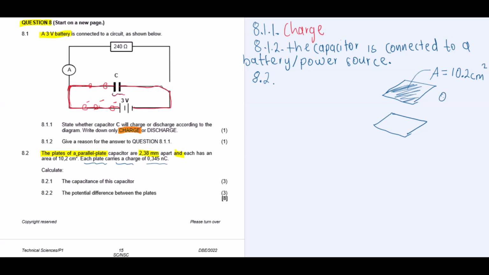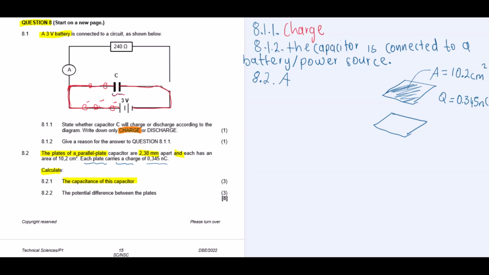They're saying that each plate carries a charge of 0.345 nC, nanocoulomb. And then they wanted us to calculate the capacitance of this capacitor, right?